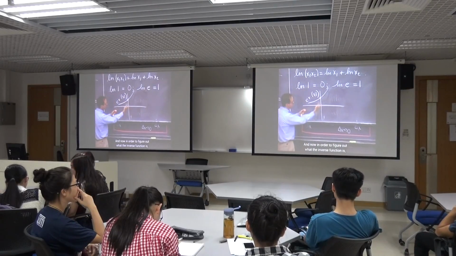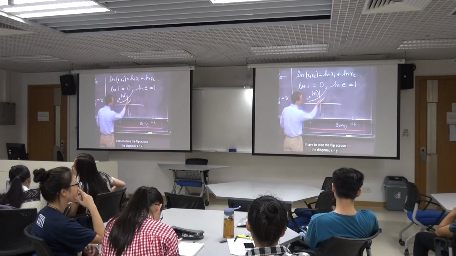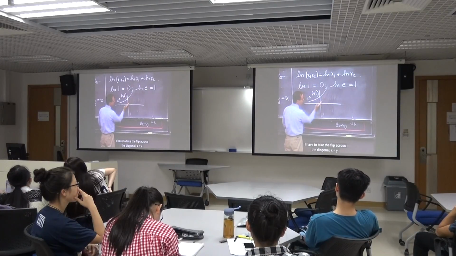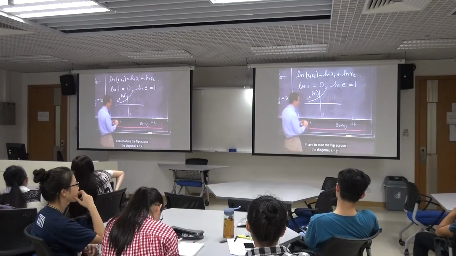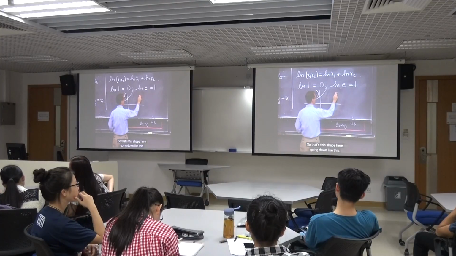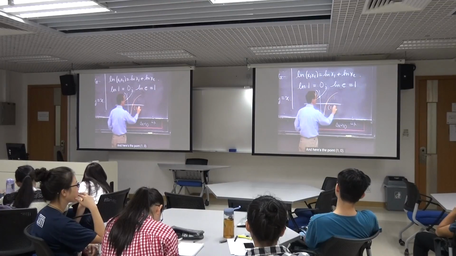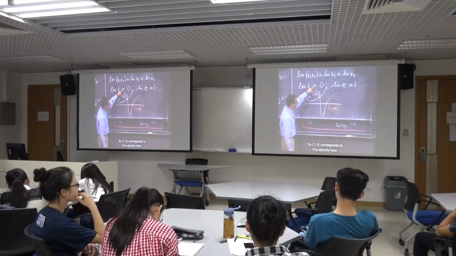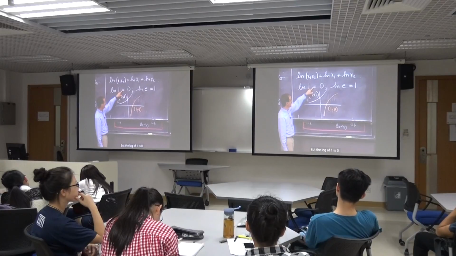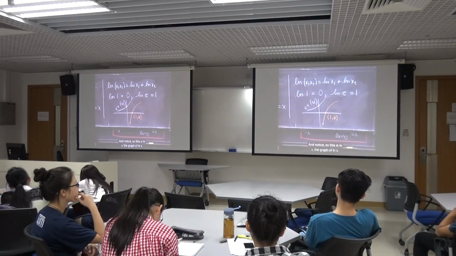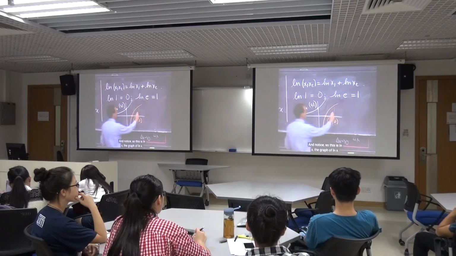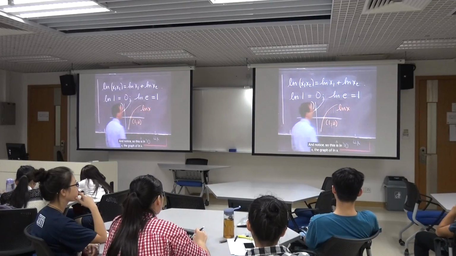And now, in order to figure out what the inverse function is, I have to take the flip across the diagonal x equals y. So that's this shape here, going down like this. And here's the point 1, 0. So 1, 0 corresponds to this identity here, that the log of 1 is 0. And notice, this is the graph of log x.